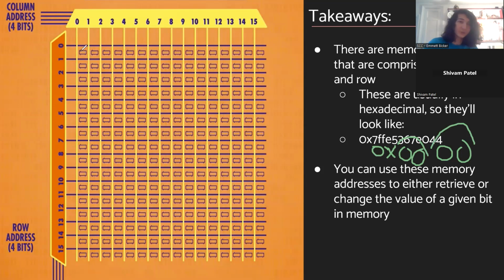So my memory address over here would be 0, 0, 0, 0. And then if I wanted to go to the next column, then this would be 0, 1, 0, 0, because I'm changing this to a 1. And then I'm saying go to this column and then that row. Does that make sense? That's not the most clear explanation.